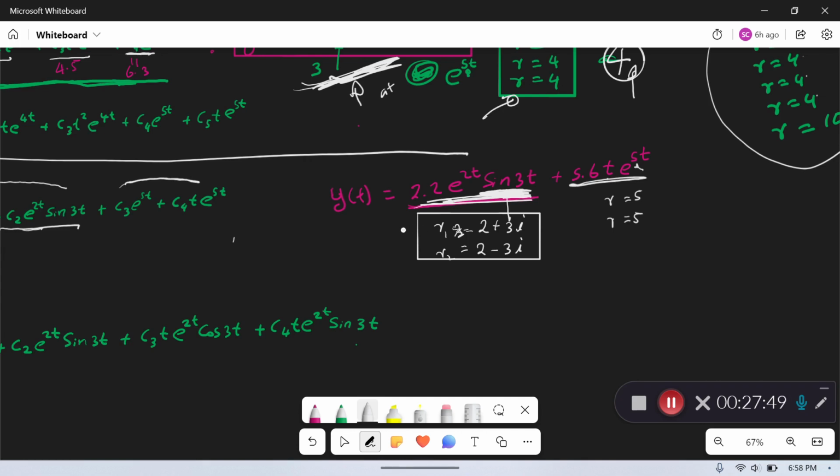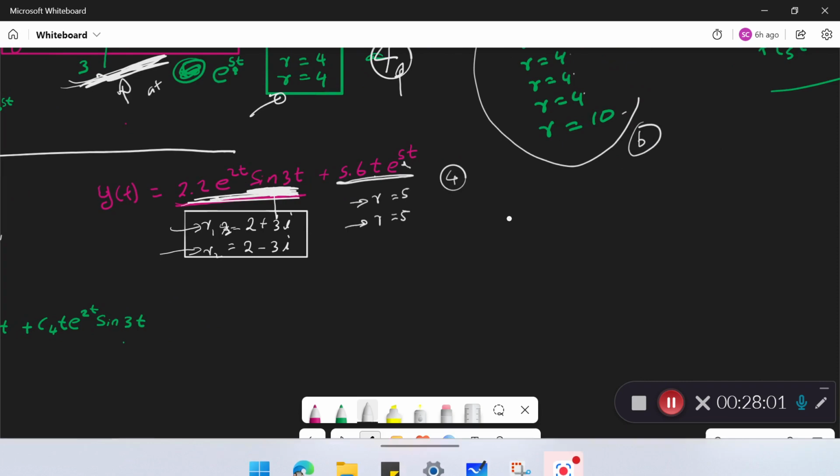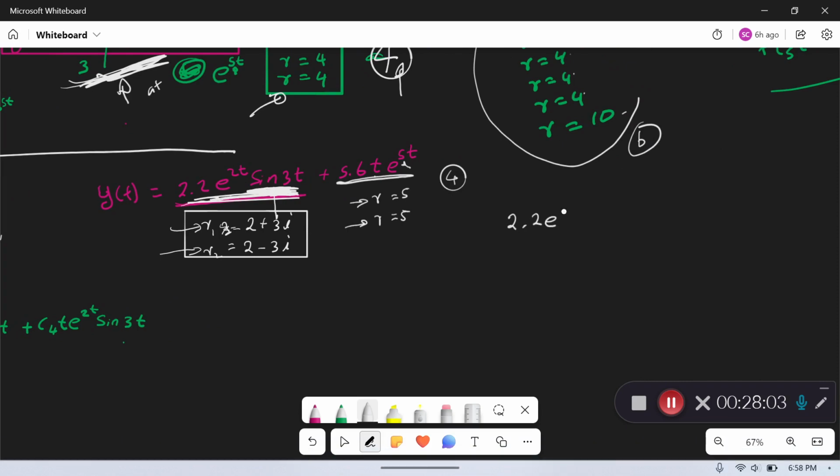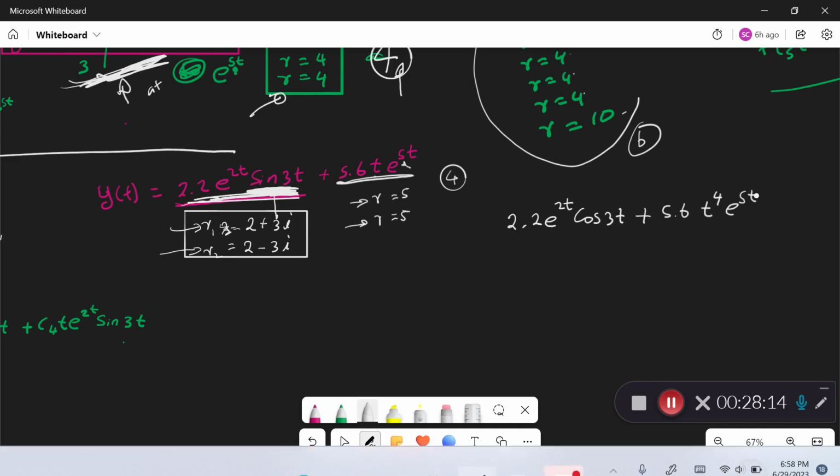So altogether we have 1 root, 2 roots, 3 and 4. It has 4 roots, so the degree of the polynomial should be at least 4. Now suppose you have something like this: 2.2 e^t cos 3t, and 5.6 t^4 e^5t. How about this?